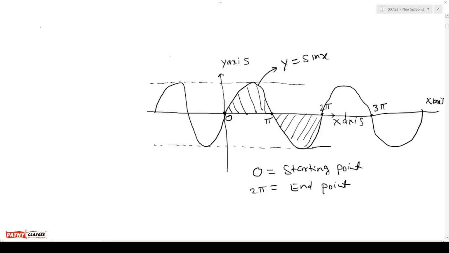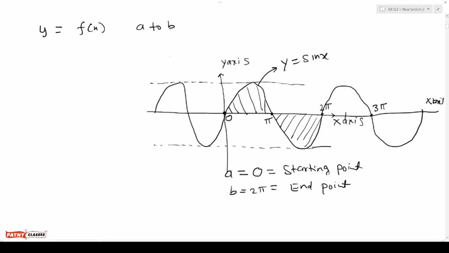So suppose y equals f of x. Between points A and B, a graph is drawn, y equals f of x, from A to B. What is the A value? A equals 0. And what is the B value? From 0 to 2 pi, so B equals 2 pi. So the graph is drawn from 0 to 2 pi, one cycle.